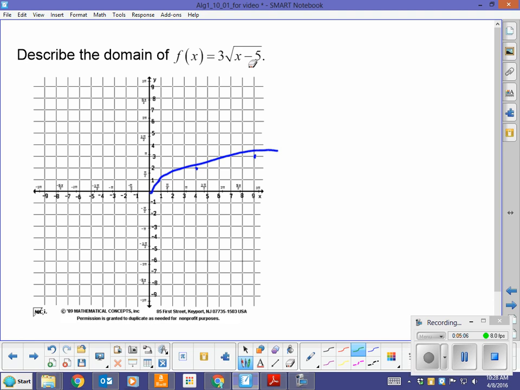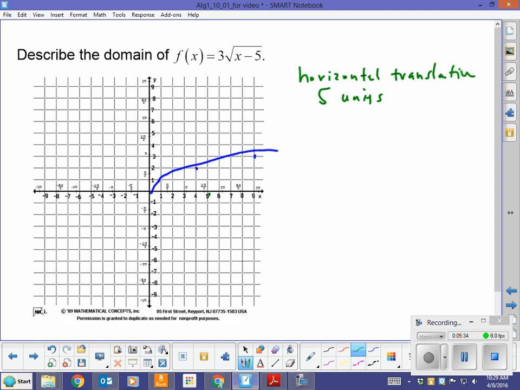The minus 5 here, before we take the square root, means we're going to have a horizontal translation 5 units to the right.